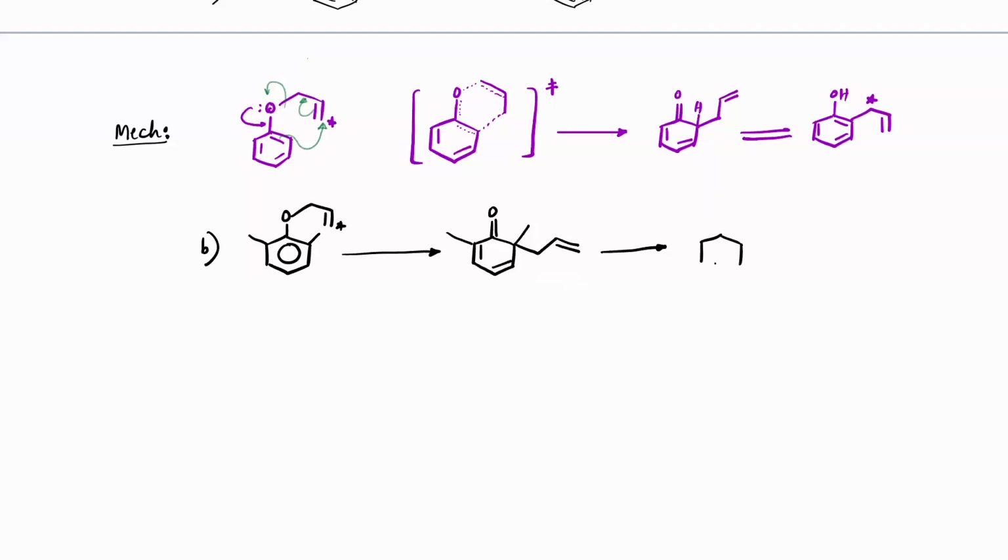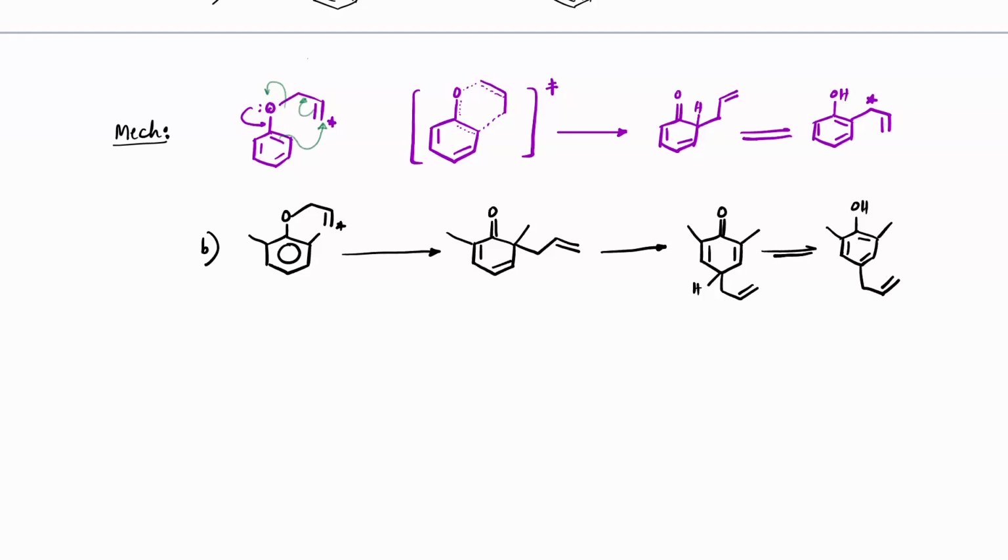And from there, that will be shifting towards this side again. So you'll get double bond here, here, double bond O, methyl and methyl. And here there is hydrogen, which will help in getting aromatized. And that's how you will get double bond, double bond, double bond with OH, and like this one.